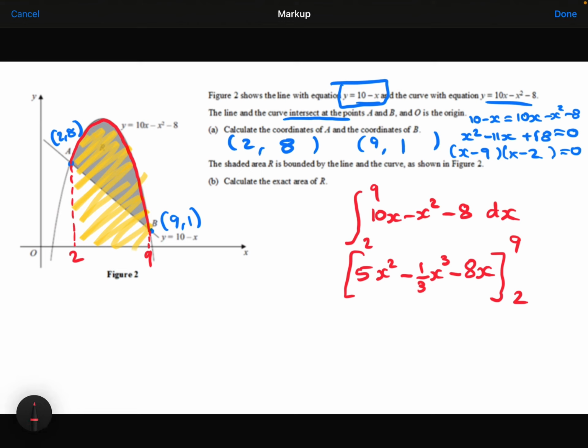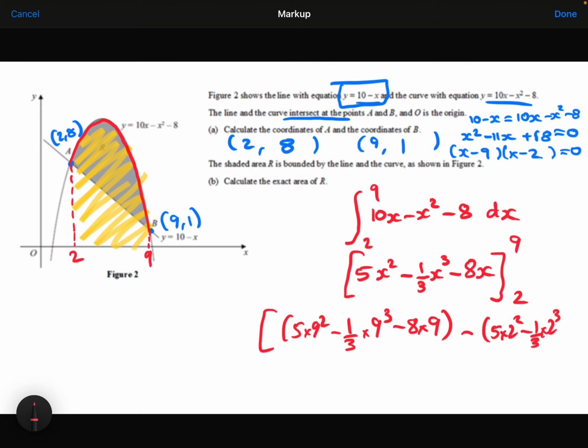Right, so substituting the 9 into this, we get 5 times 9 squared minus 1/3 times 9 cubed minus 8 times 9. Now substituting the 2 in, we'll get 5 times 2 squared minus 1/3 times 2 cubed minus 8 times 2.